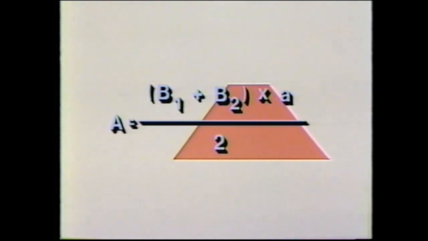Since we constructed the parallelogram from two trapezoids of equal size, we can now find the area of one of the trapezoids by dividing the area of the parallelogram by 2. The formula then for the area of a trapezoid becomes the sum of the two base measurements multiplied by the altitude, that product divided by 2.